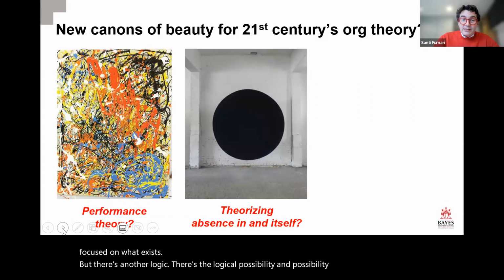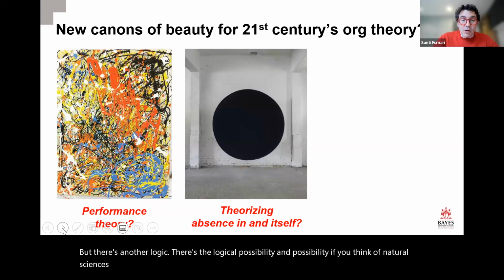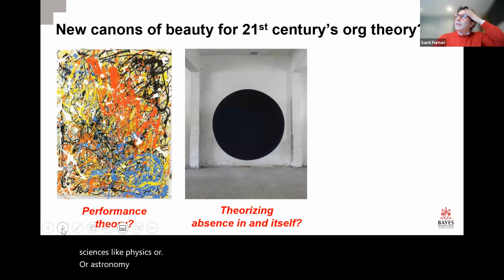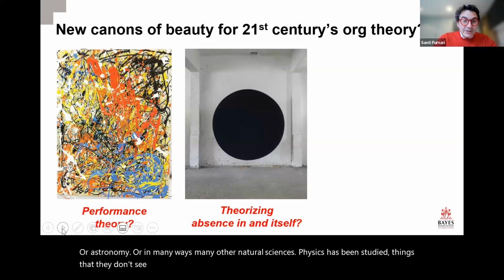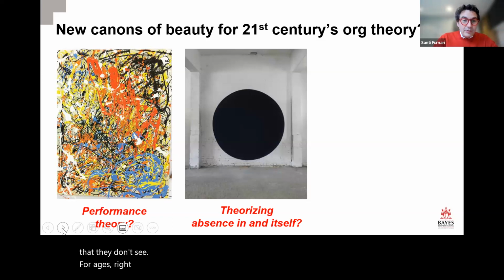If you think of natural sciences like physics or astronomy, physics has studied things that they don't see for ages, right? On the principle that they are possible or plausible. So why don't we do that?